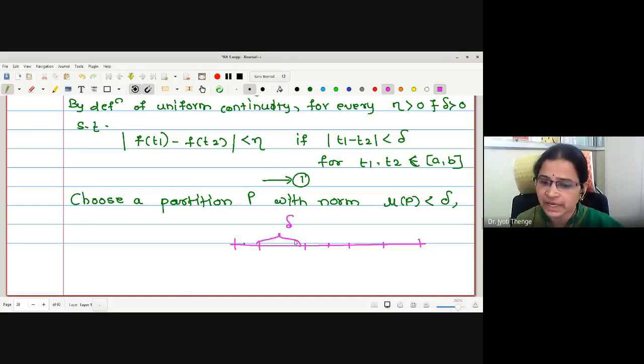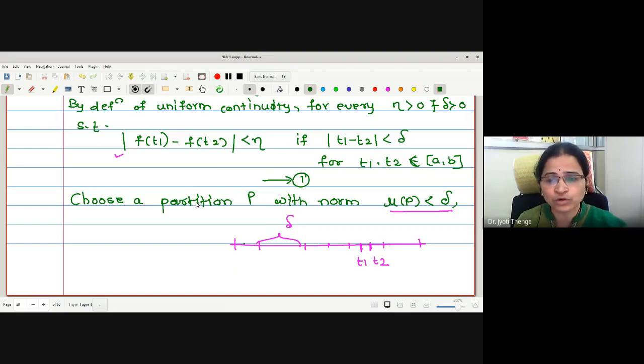If I take any arbitrary interval and let t1, t2 be any two points, then the distance between t1 and t2 must be less than delta, because we have selected the norm less than delta. And if this condition holds, the difference between their function values is less than eta. Correct or not?